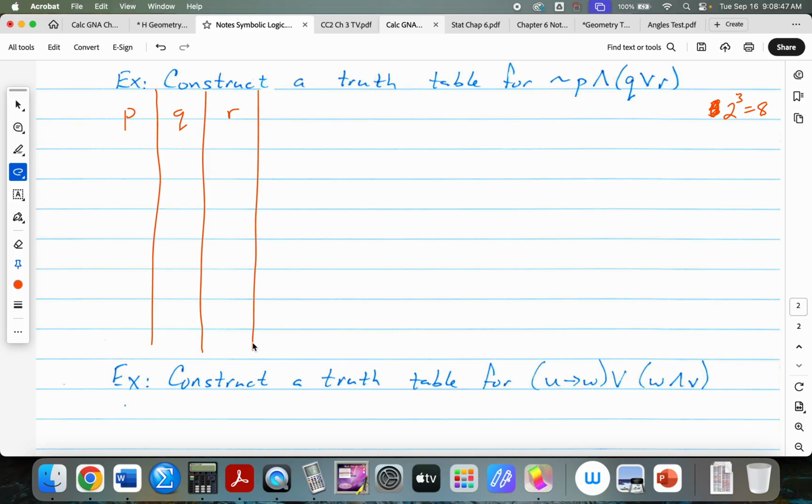I think the simplest way to start this, so that you get all the combinations, is to do half true, half false. So I'm going to do true, true, true, true, and then 4 falses.